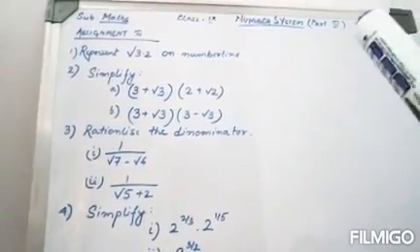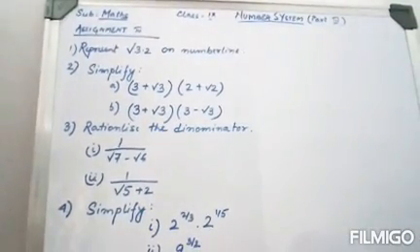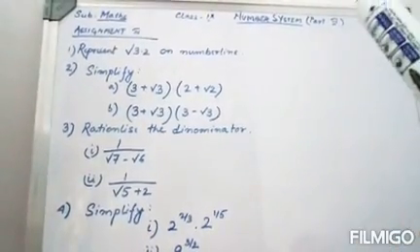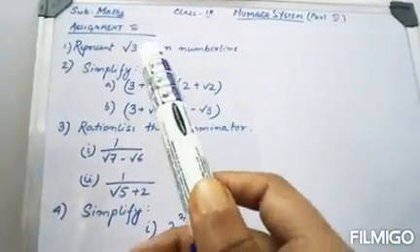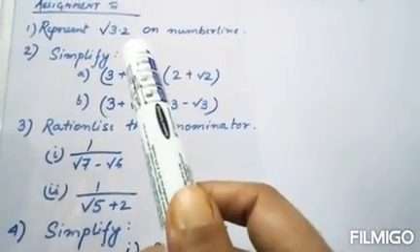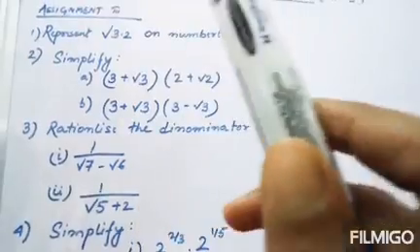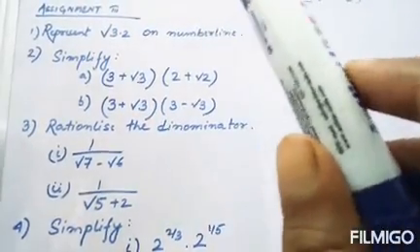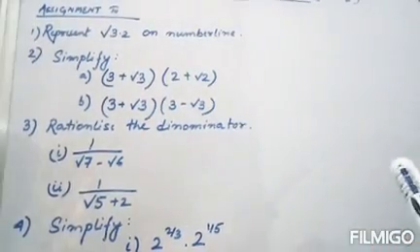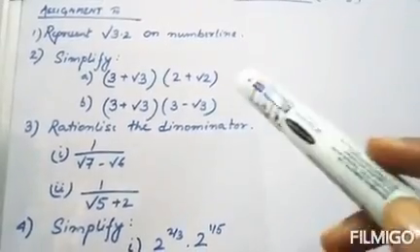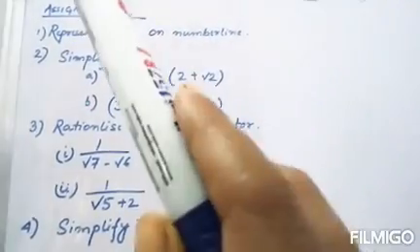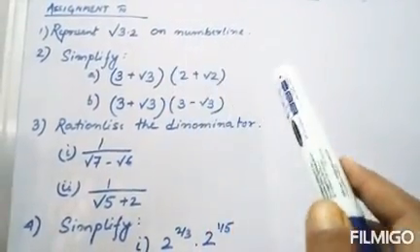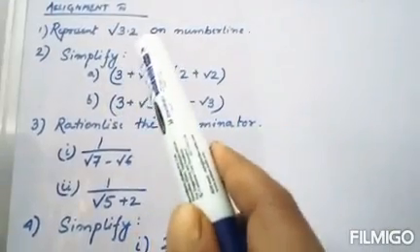A perpendicular line should be taken, and from there you find root 3.2, and then draw another arc on the number line to get this. The previous general technique I have shown you, the same thing you will apply.